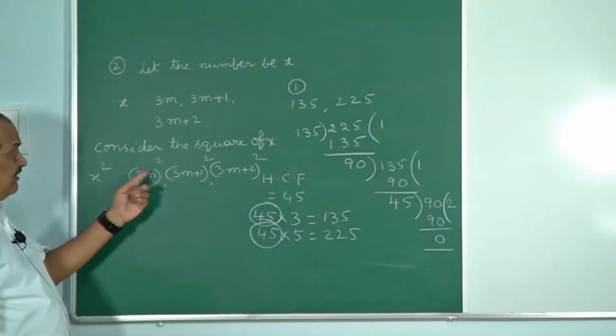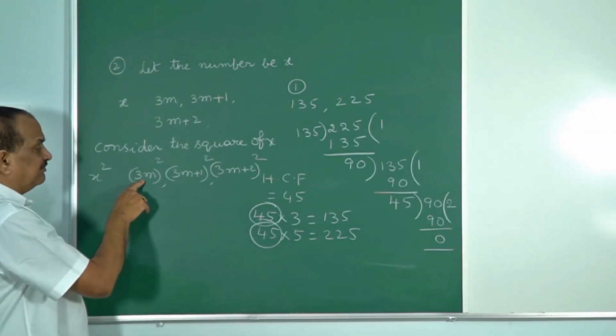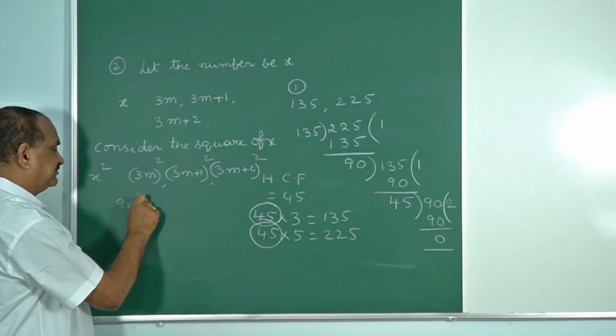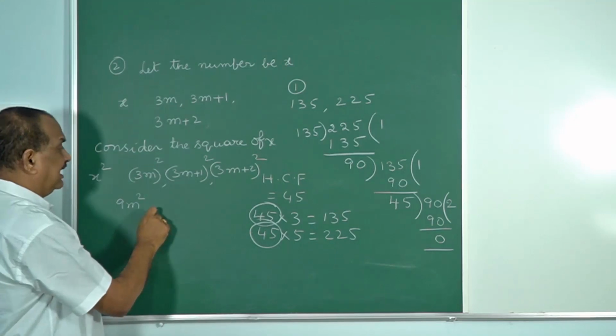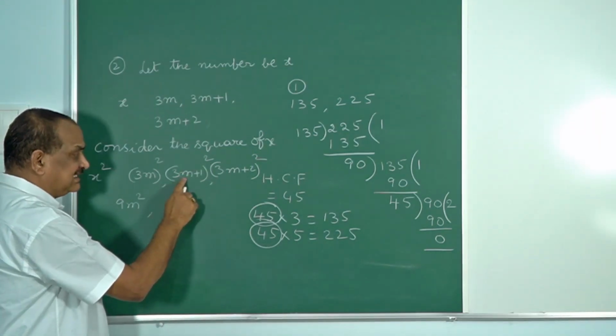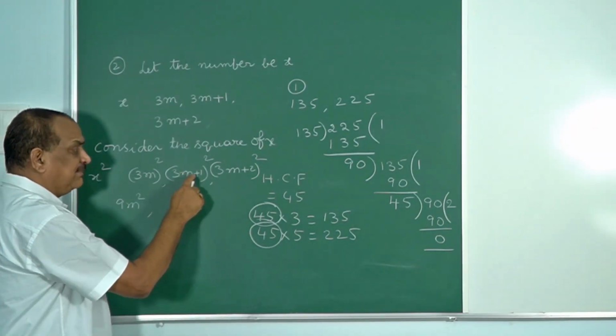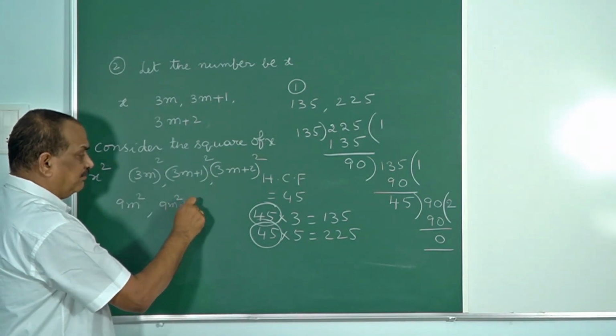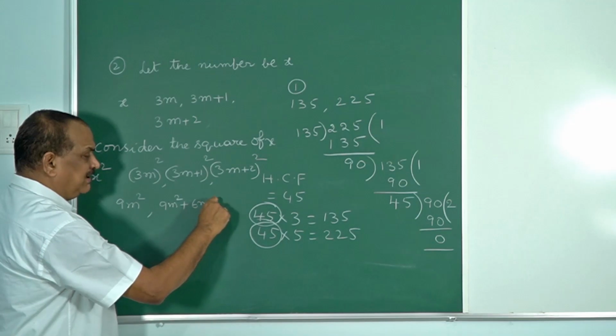Having done that, here 3m whole square is 9m square. And 3m plus 1 whole square has to be expanded like a plus b whole square, a square plus 2ab plus b square.